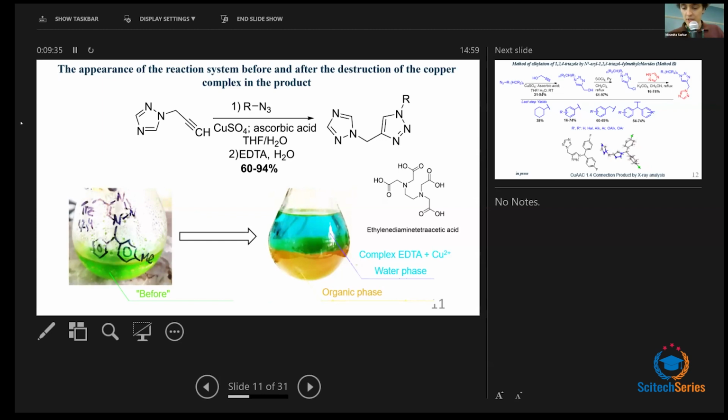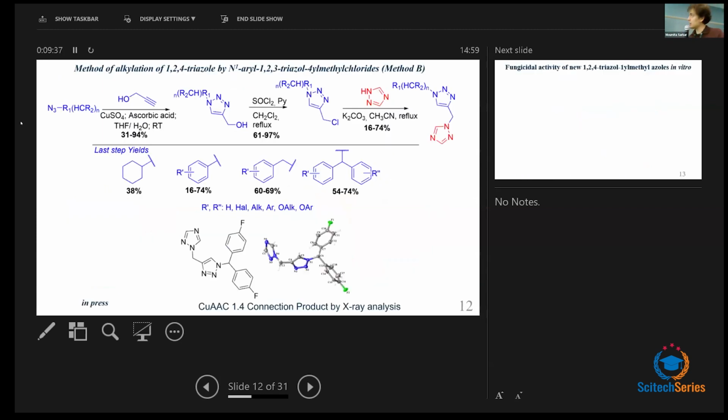And we used an alternative way to treat this molecule, which contains three stages. At first stage, we condensate by click chemistry some organic azides with propargyl.